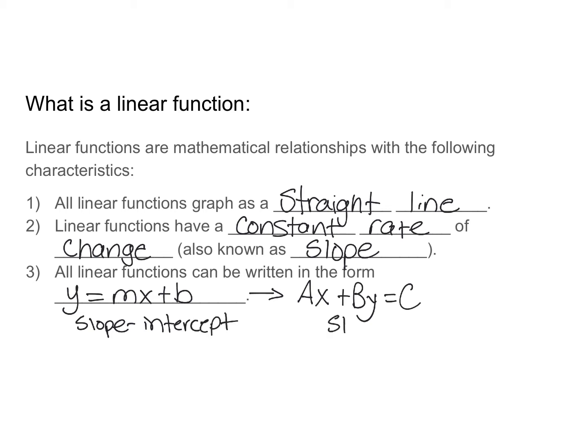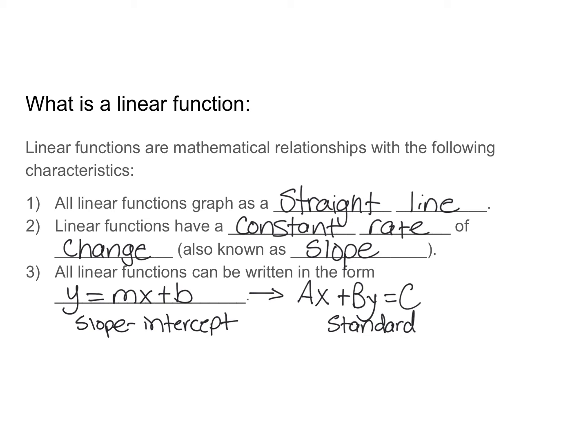This is standard. Both will represent linear functions, and we'll look a little bit more closely at that in just a second. So straight lines with a constant rate of change and possibility of being written in y equals mx plus b form all make something linear.